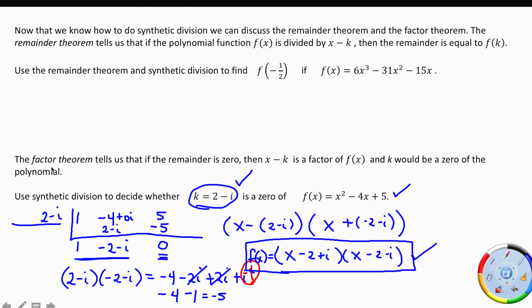So this factor theorem is going to be really important for us, along with the remainder theorem. So using the remainder theorem, that tells me that f of 2 minus i equals 0, right? f of 2 minus i equals 0. The remainder theorem and the factor theorem. Let me know.